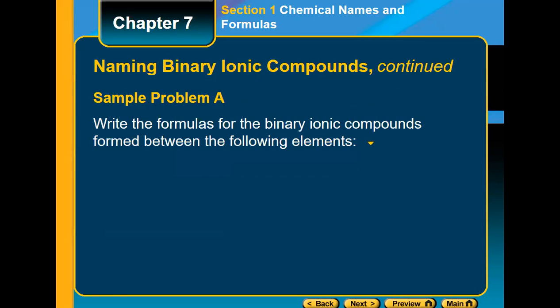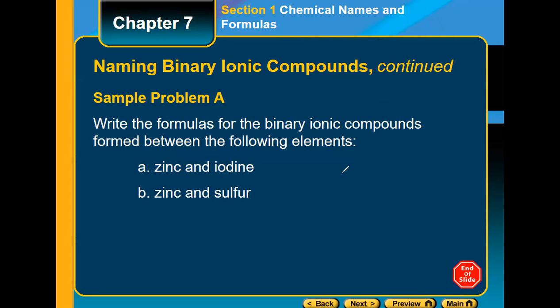So here, for example, write the formula for the binary ionic compounds formed between the following elements: zinc and iodine, zinc and sulfur. Let's try to do this, guys. So zinc and iodine.